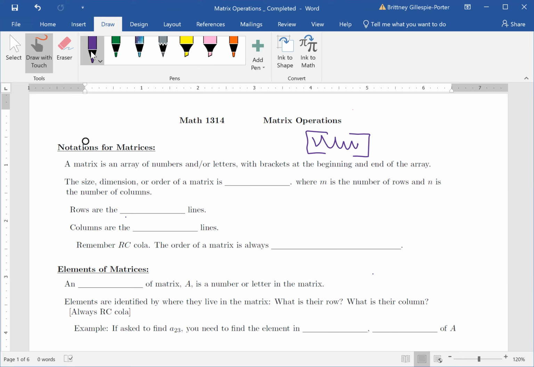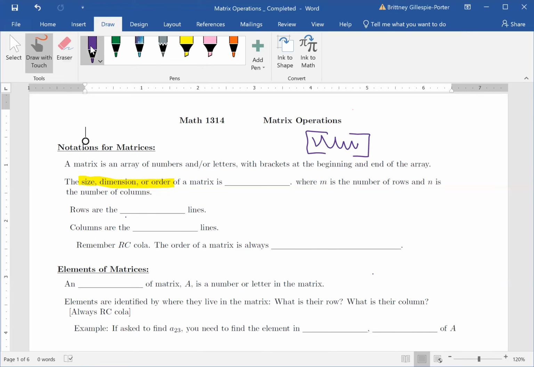The size, dimension, or order, and keep in mind that all three of those mean the same thing. I could ask you about size, I could ask you for the dimension, I could ask you for the order. I can use any one of the three of those and it will still mean the same thing.